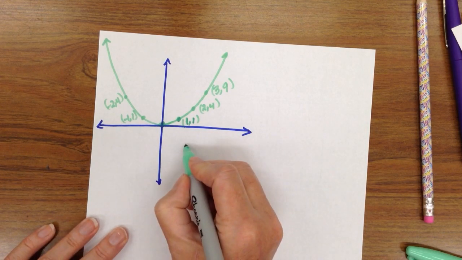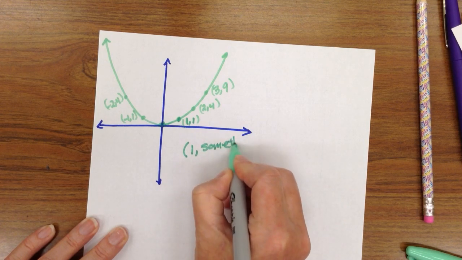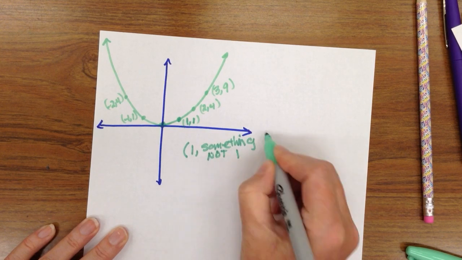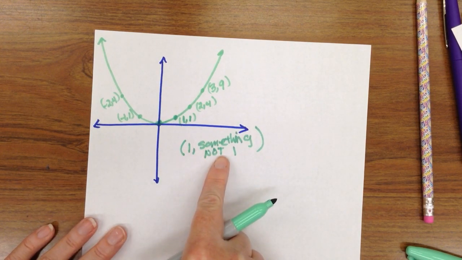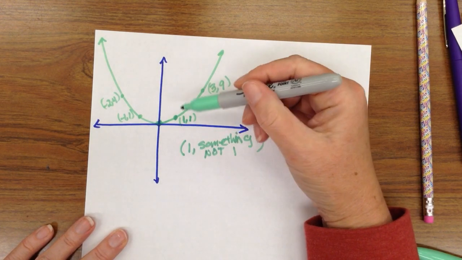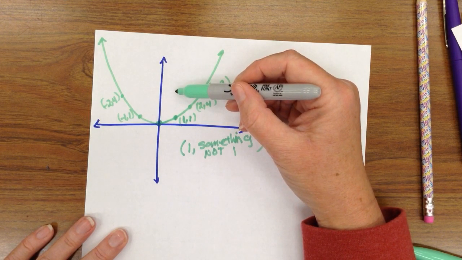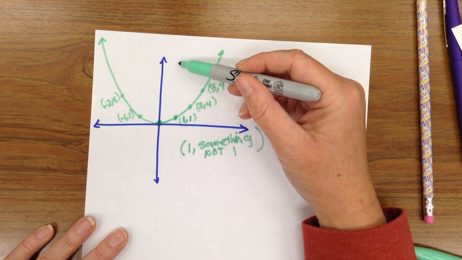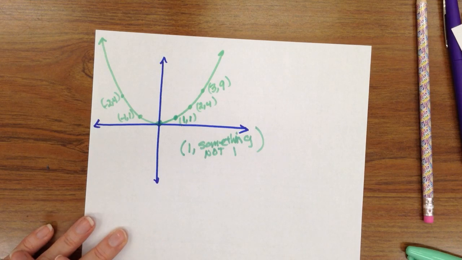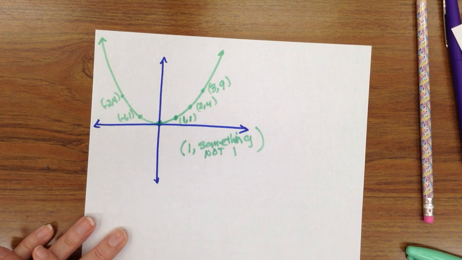Do you see a dot at 1 comma something not 1? A different answer? Is there, for example, a point on our graph at 1, 5? Well, no. What about 1, 7? No. When x is 1, there is only one dot that far over.